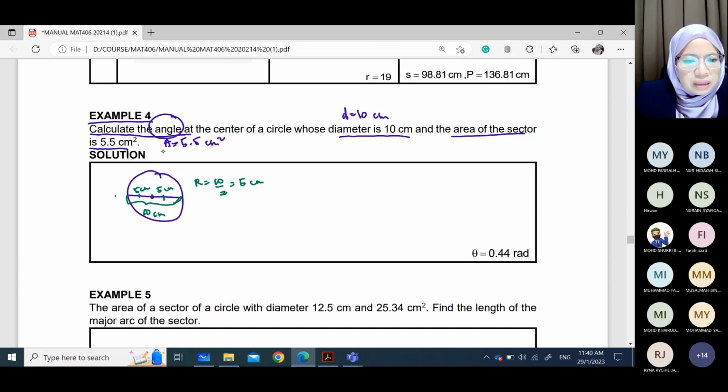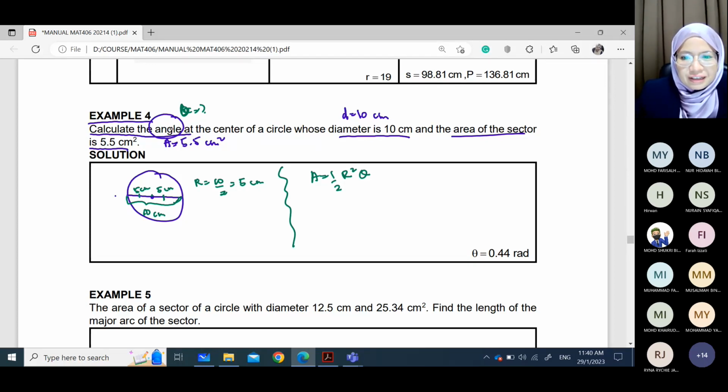Right, so dia suruh cari angle. Apakah angle dia? And the area this one. So based on this diameter, we identified that our radius is 5 cm. So area tadi kita dah discuss. So area is 1 over 2 r squared theta. So theta kita kena cari.